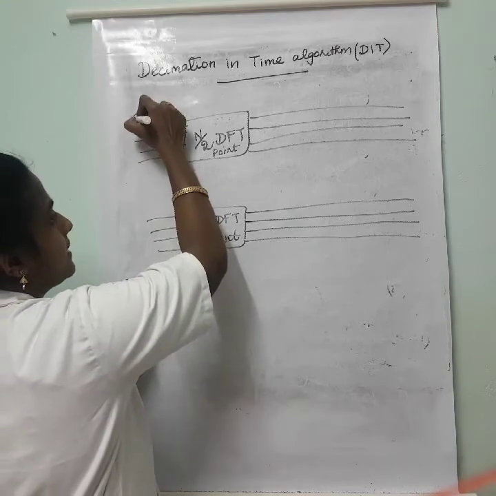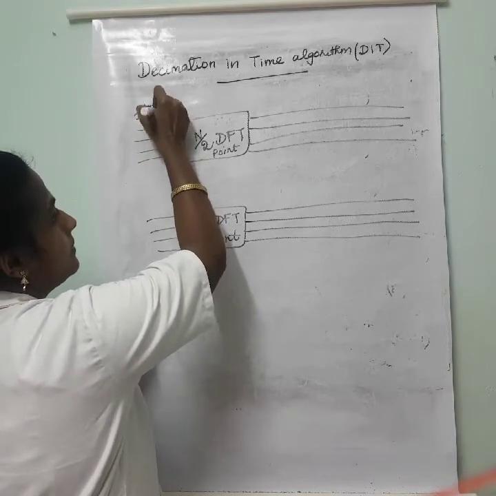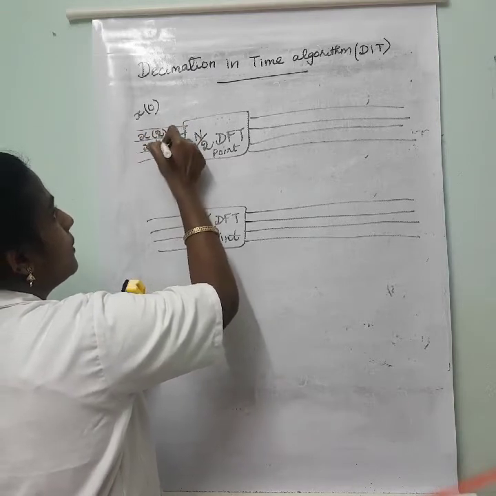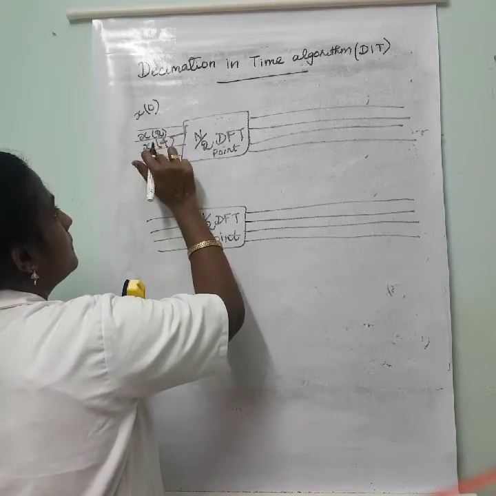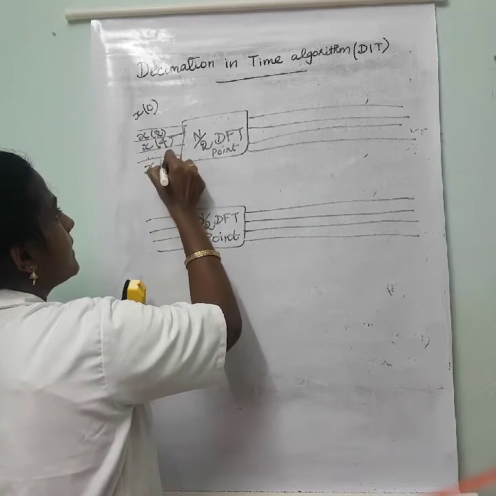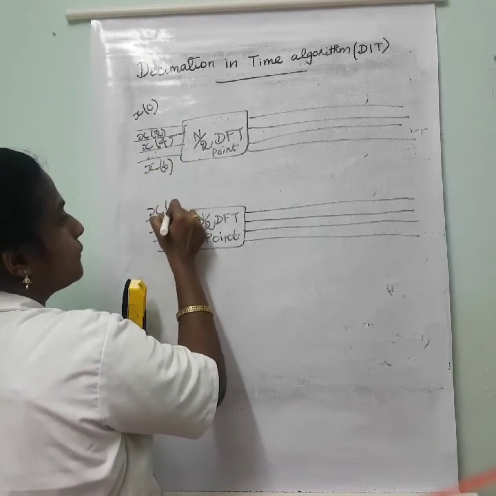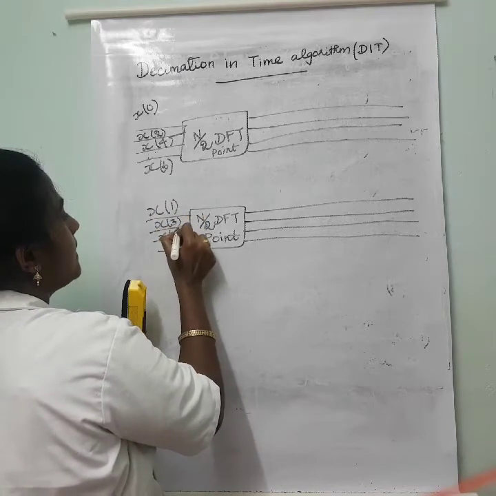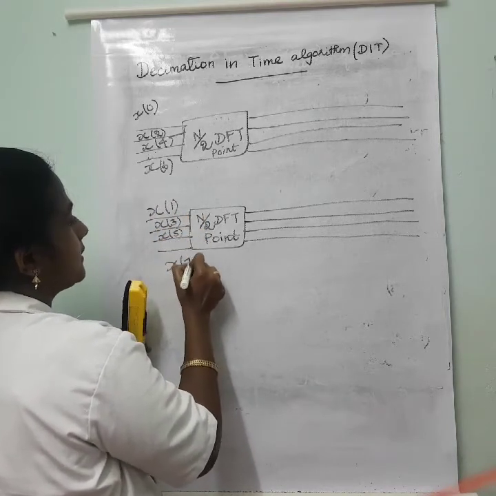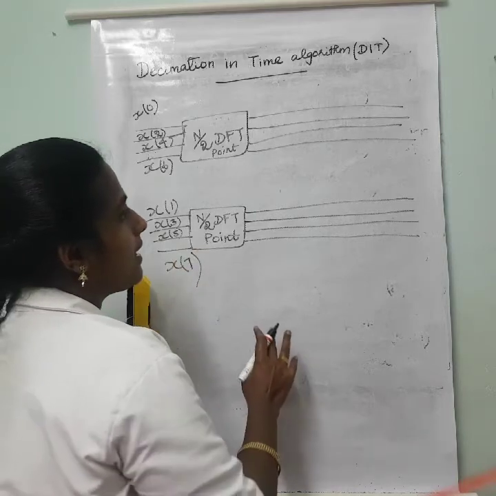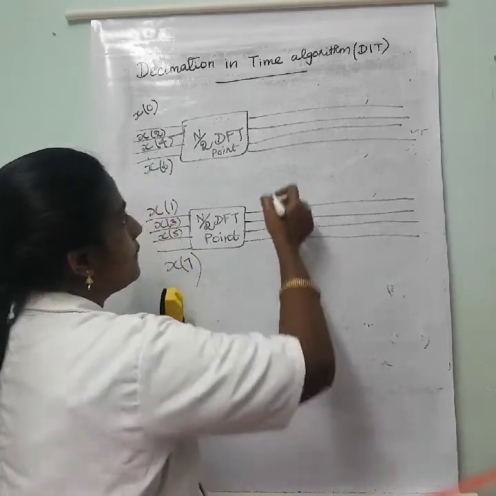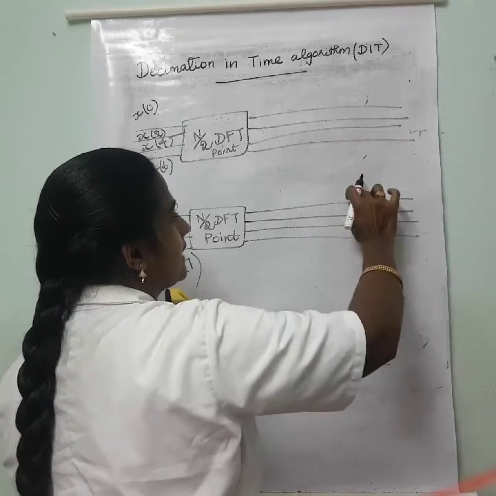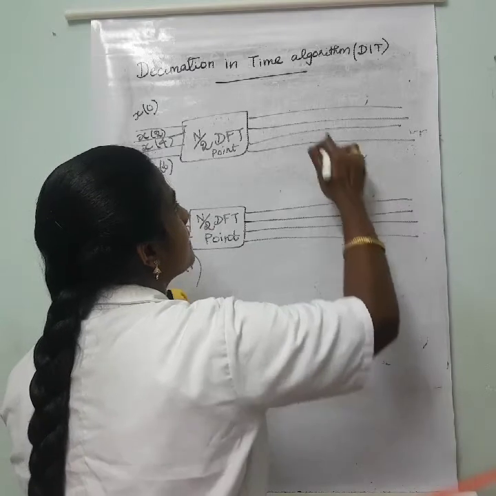Here we can write x of 0, x of 2, x of 4, and the last one is x of 6. This one is x of 1, x of 3, x of 5, and the last one is x of 7. Now you have to draw the lines. The first line of the first part should end at the first line of the second part.